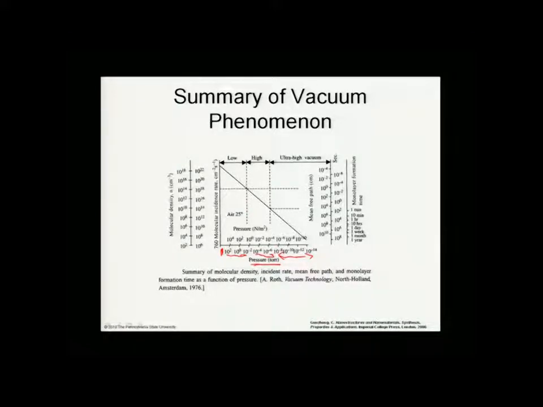It shows the density of the molecules and atoms present, given per cubic centimeter. You can see that we have very high molecular densities here, and as you reduce the pressure, the density of molecules in the chamber decreases to very, very low values.